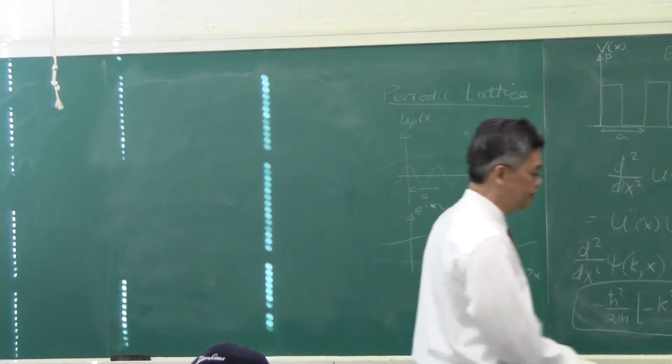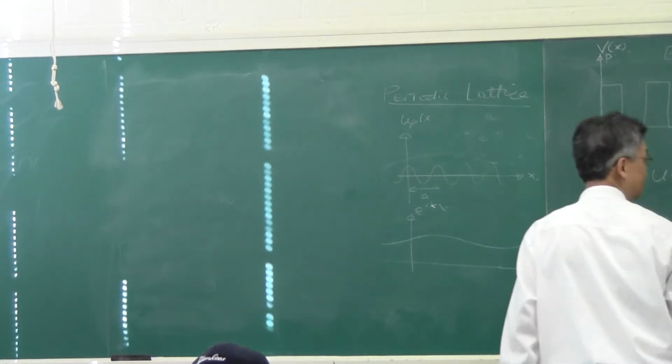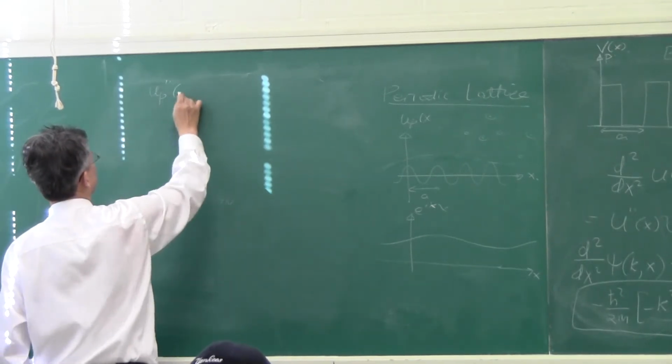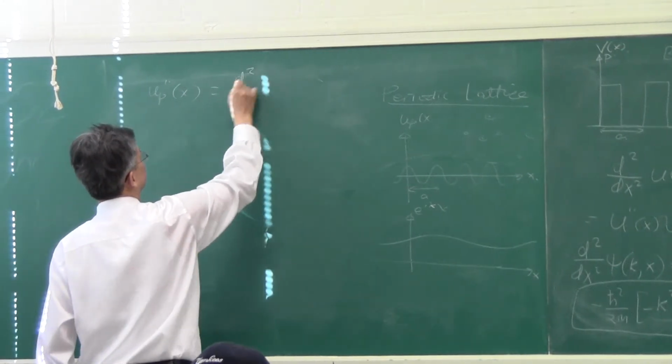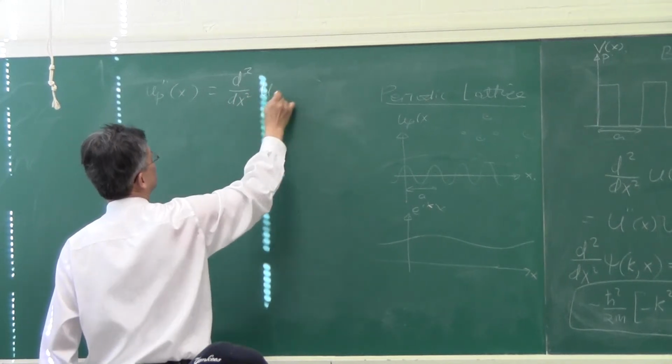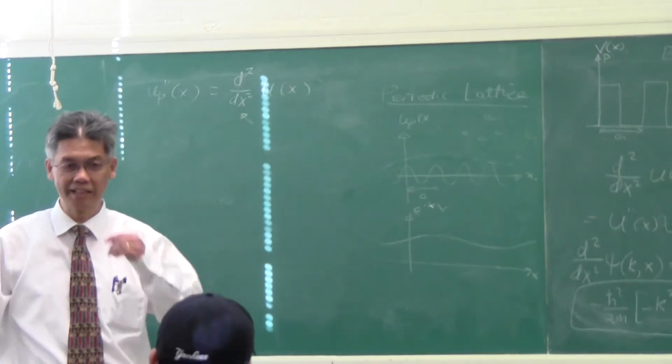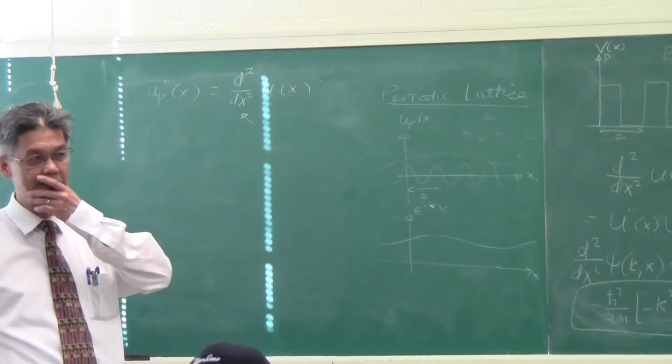Is this operator d²/dx², u''(x) = d²/dx² u(x), a Hermitian operator? How do we test to see if it's a Hermitian operator?